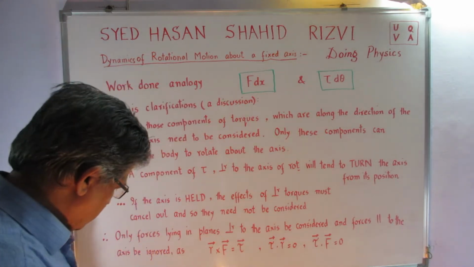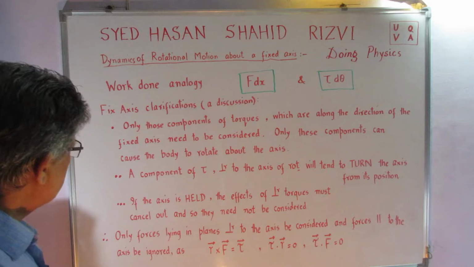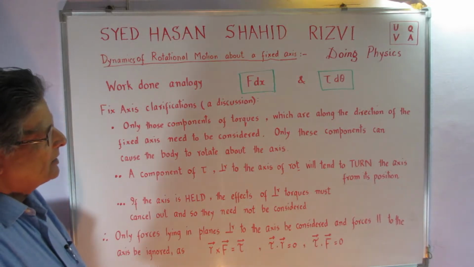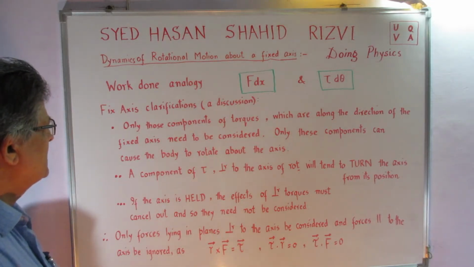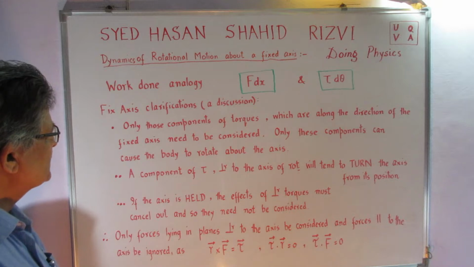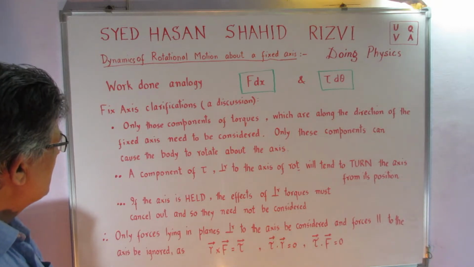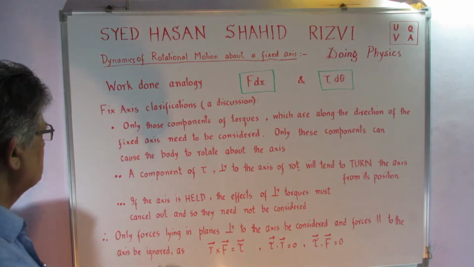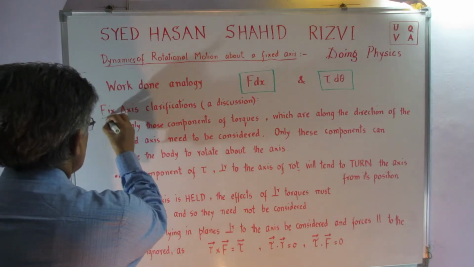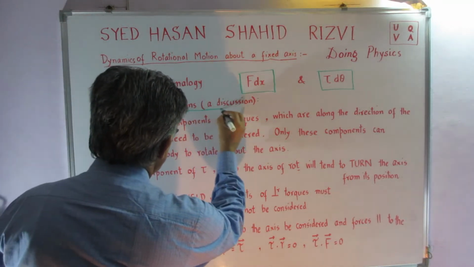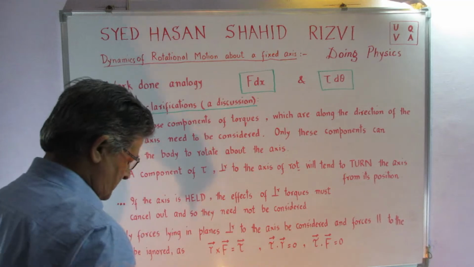Before we take this further, there are some issues that we must talk about regarding the fixed axis. So for the fixed axis, I make clarifications with the help of a discussion.